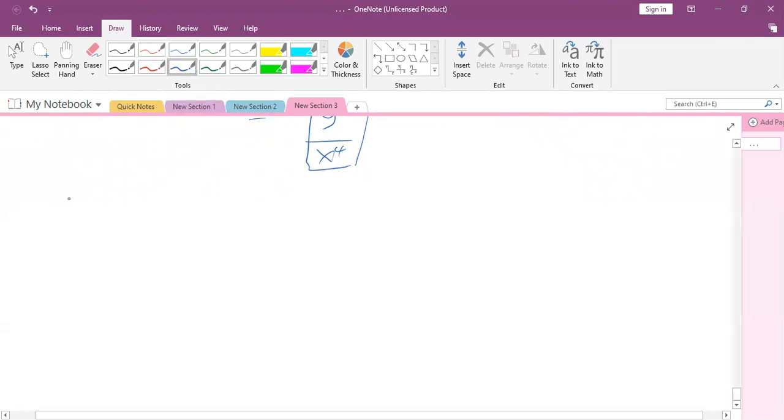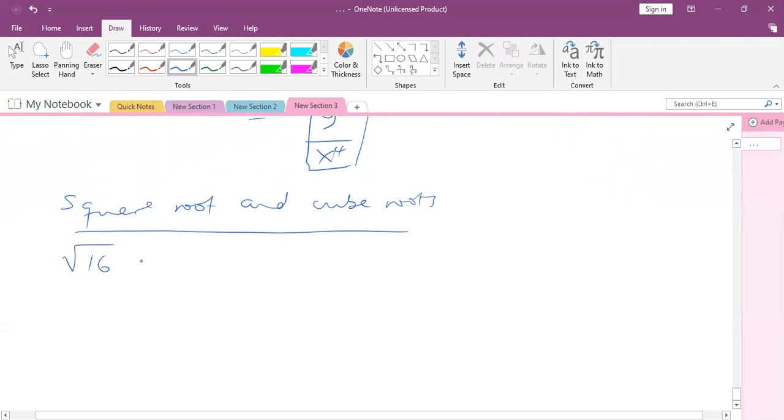For example, square roots and cube roots. Now, let's say I have square root of 16. Now, square root of 16 is equal to 4, right? Because you have what? 16 is made up of 4 times 4.